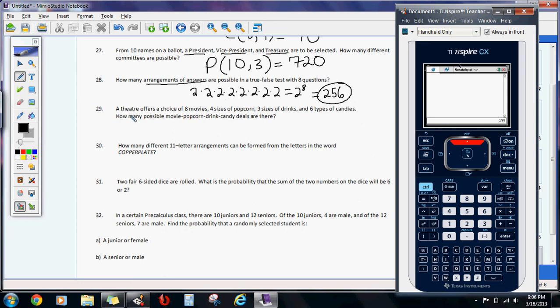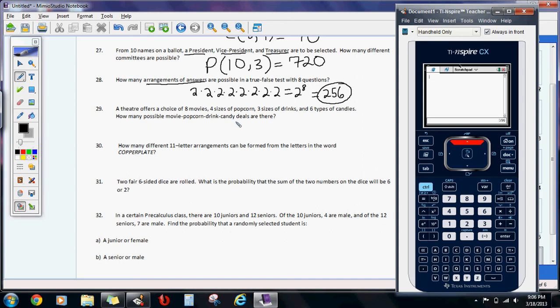Now number 29, a theater offers a choice of 8 movies, 4 sizes of popcorn, 3 sizes of drinks, and 6 types of candy. How many possible movie, popcorn, drink, candy deals are there? Now, reading this and from what we've done in class, basically understand that we're going to pick one of each for these scenarios.